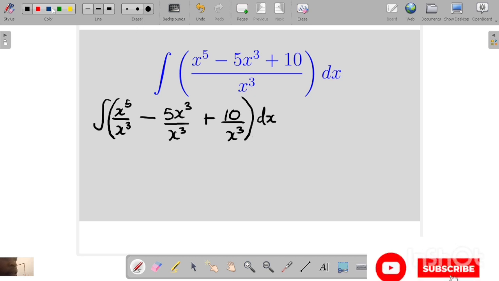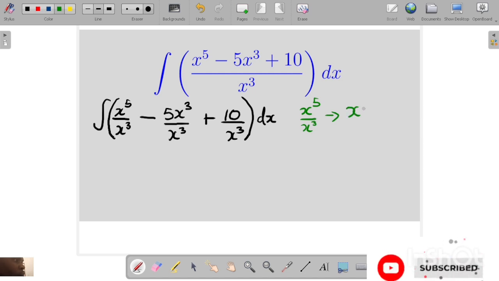All right, so now we will be using the laws of indices to simplify each term in the brackets. By the laws of indices, this term x to the fifth over x to the third can be simplified as follows. The x and x are bases, and they are dividing, so the powers subtract.